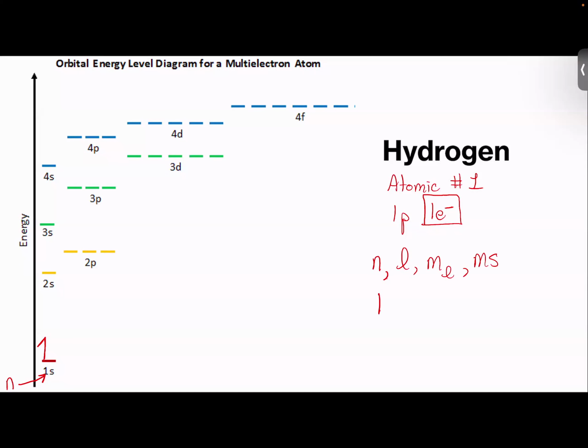Our L value is based off of the letter, so an S means that L is equal to 0. The M sub L, if you'll recall, can be anything from negative L to plus L. So if L is 0, it can be anything from negative 0 to plus 0, meaning our option is 0. And because we put it in spin up, it's a plus 1/2.